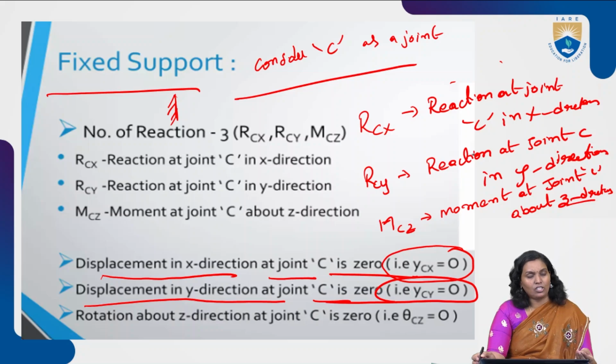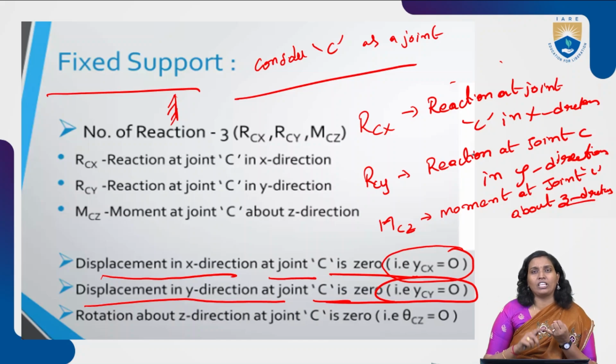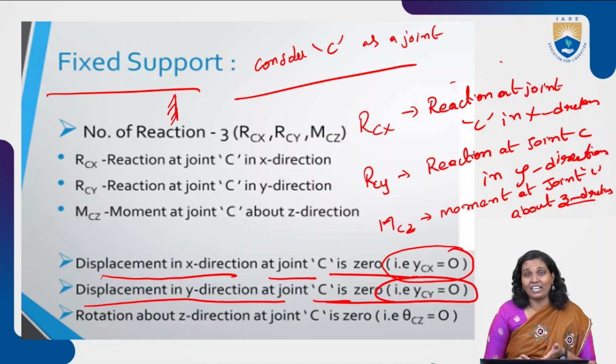The reaction at any joint, whether A or B, is along the X direction, along the Y direction, and also the moment in another direction, Z. You may consider X, Y, Z in different ways also, depending upon the axes we are considering.